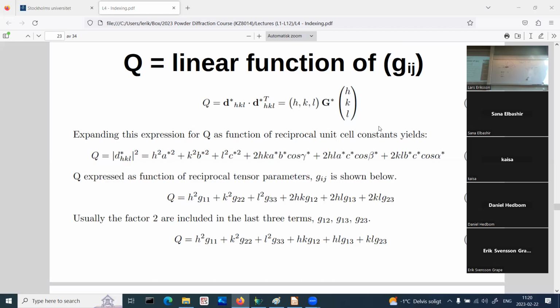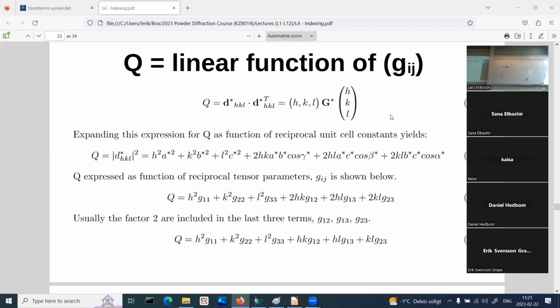If we take G33, for example, it's related to the C star square, but we can still call it a cell parameter. One of them, the G12, is related to A star, B star, and cosine of gamma star. Not more complicated, but it's still related.